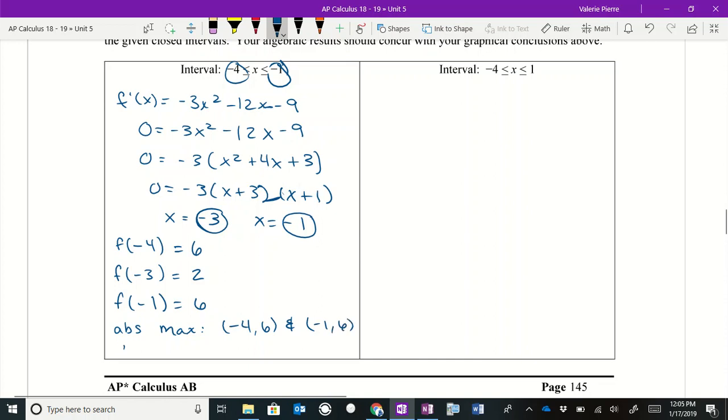And our absolute minimum, the lowest value that our function can be, will be at -3, 2, which matches what we did above. Okay, so what I want you to try now is figure out, using algebra, we've kind of already done all of the major work together, but I want you to figure out what the absolute max and min would be on the interval from -4 to 1, and check to see that it matches our graph.